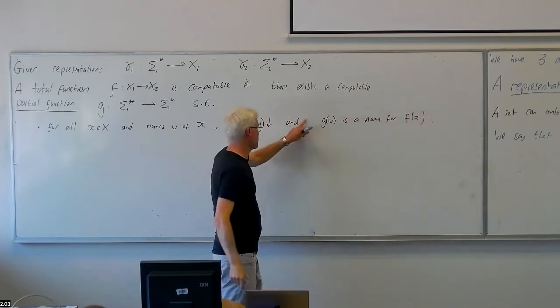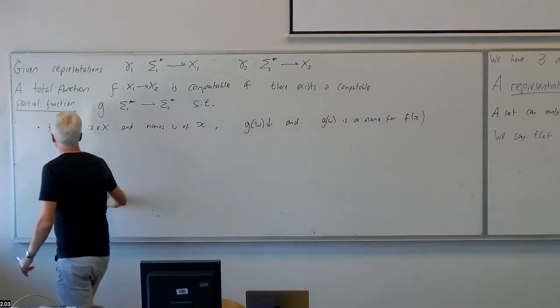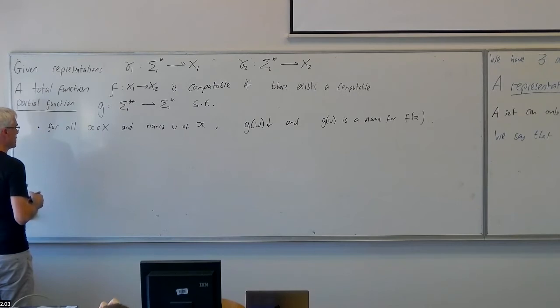In other words, gamma 2 of G of w equals f of x. And that's all we need to define.